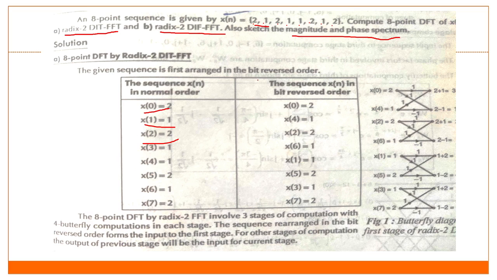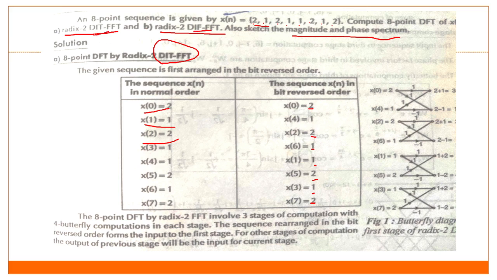Then you have to shuffle the order, because in the DIT algorithm you have to shuffle the order. So x of 0 as it is, x of 4 is my 1, x of 2 is my 2, x of 6 is 1, x of 1 is 1, x of 5 is 2, x of 3 is 1, x of 7 is 2. You have to remember whether the examiner is asking about the DIT algorithm or DIF.